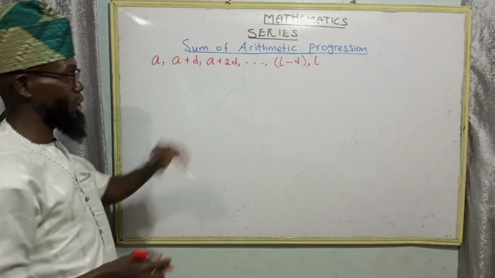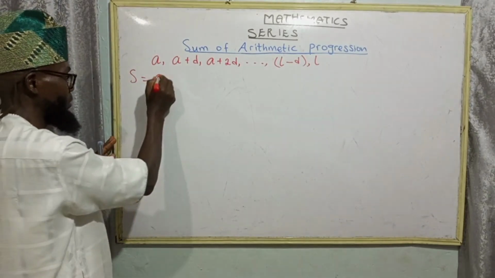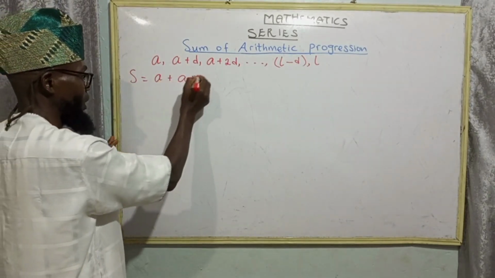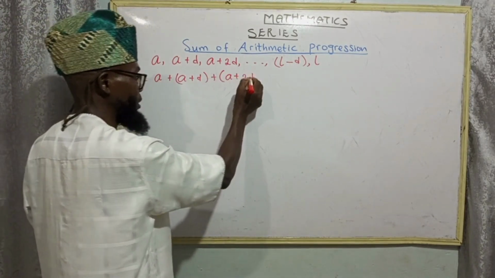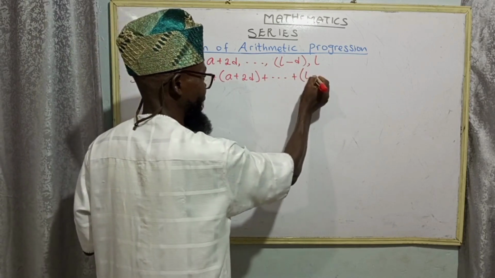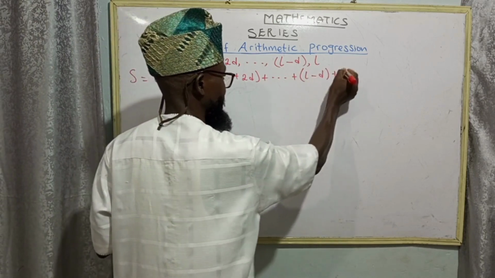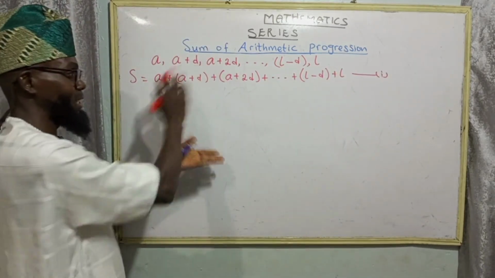Okay, let's find the sum and turn this into a series. Sum equals A plus (A plus D) plus (A plus 2D) plus ... plus (L minus D) plus L. Let's call this equation 1. Let us reverse equation 1.